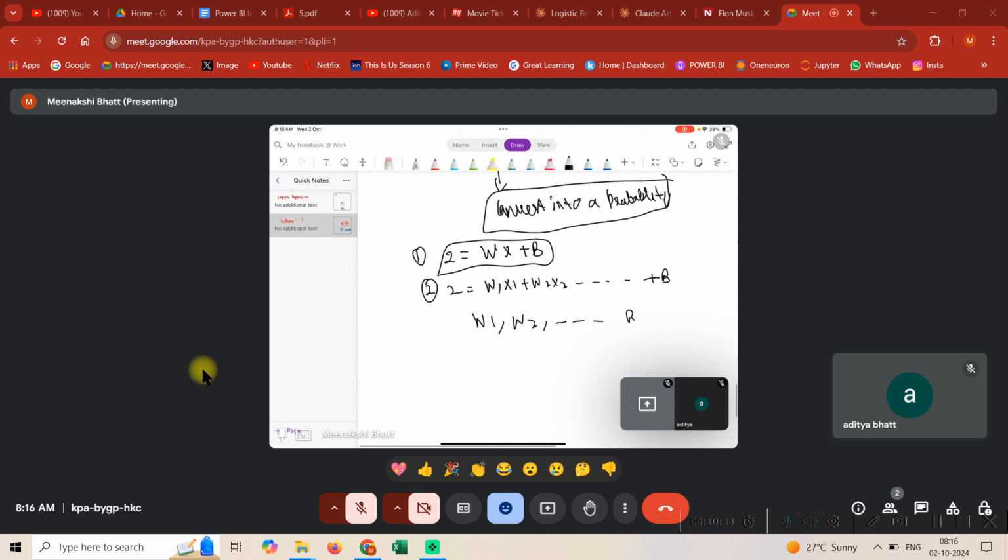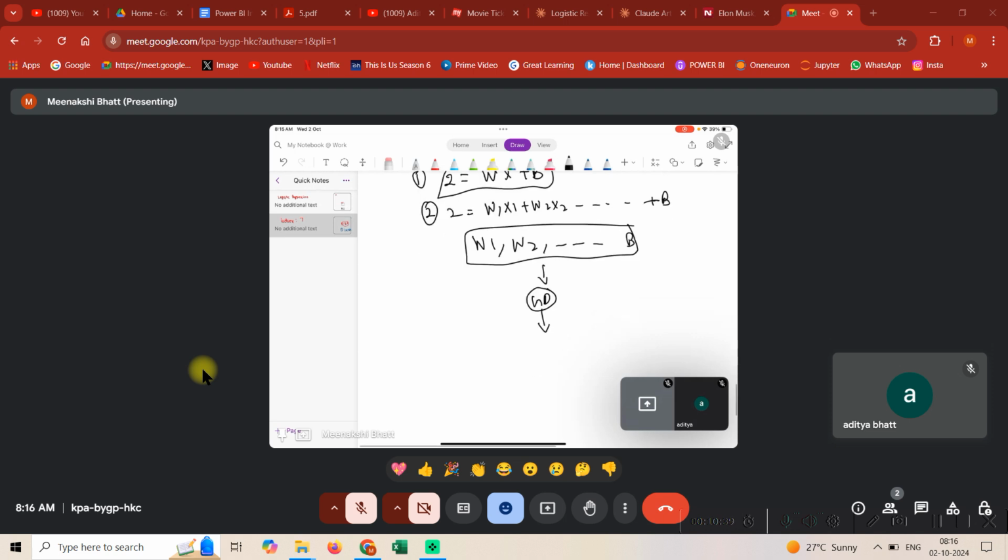How do we compute the value of these things? By gradient descent. What happens in gradient descent is optimization. We'll talk about that in a separate lecture, but the main idea is that it's an algorithm that helps you compute the optimal value of parameters. What are the parameters over here? W and b.